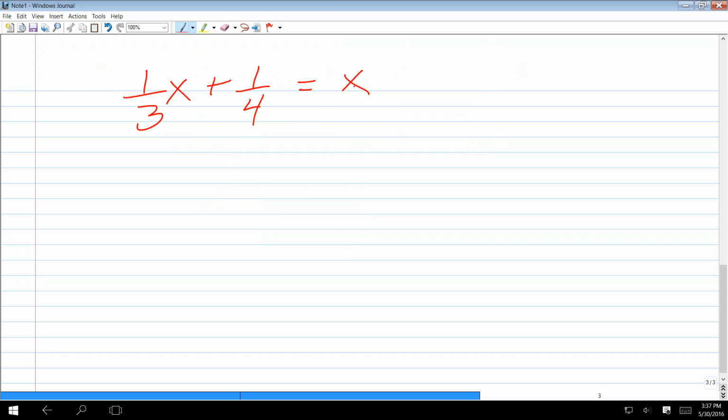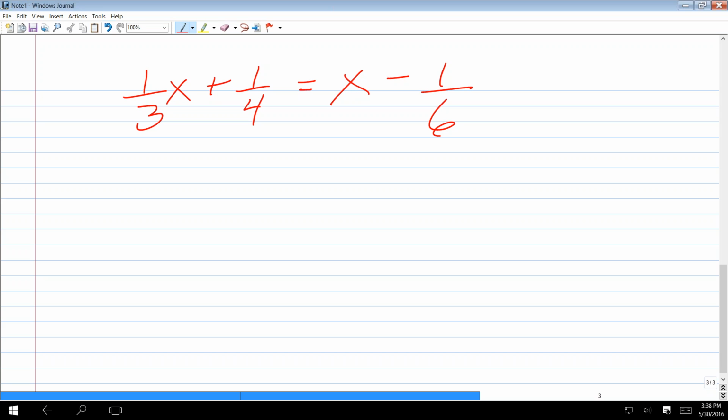Here, tell me what your first step is going to be. Not sure. Well, when you have an equation that has a lot of denominators, especially a lot of different ones, if you can take one step and get rid of all the denominators at once, that's a great step to take.